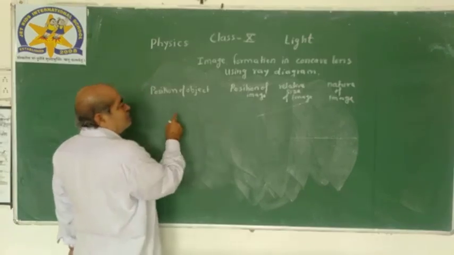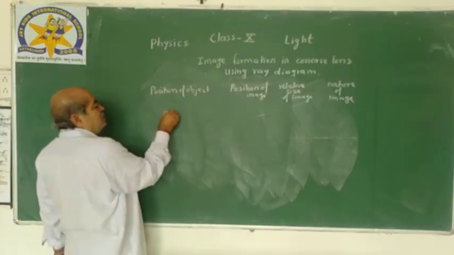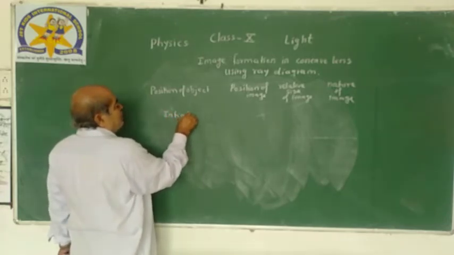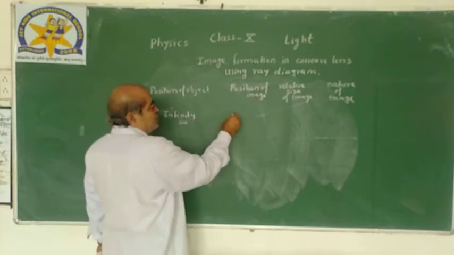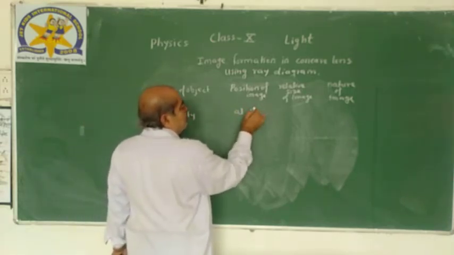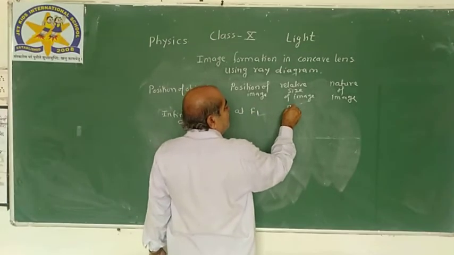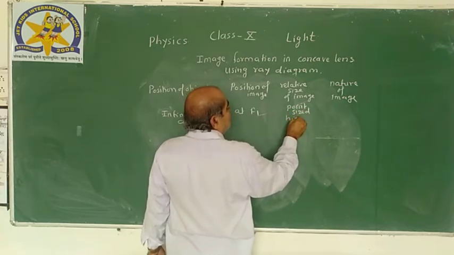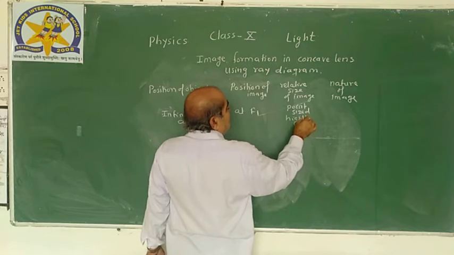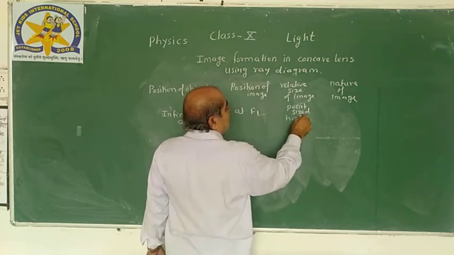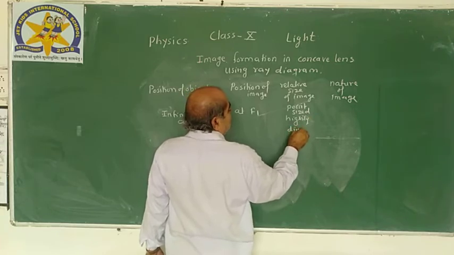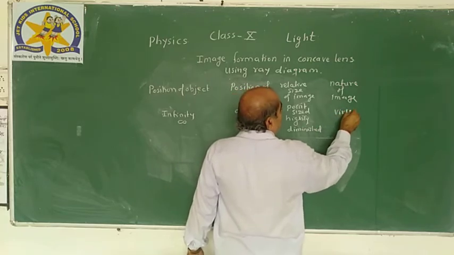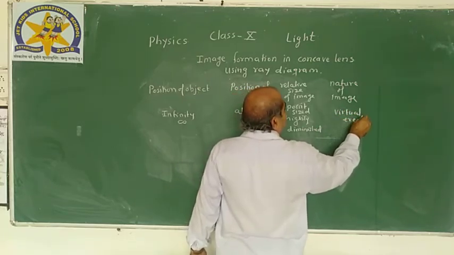First, the position of the object is infinity. Then the position of the image is at F1. The relative size of the image is point sized and highly diminished. And the nature of the image is virtual and erect.